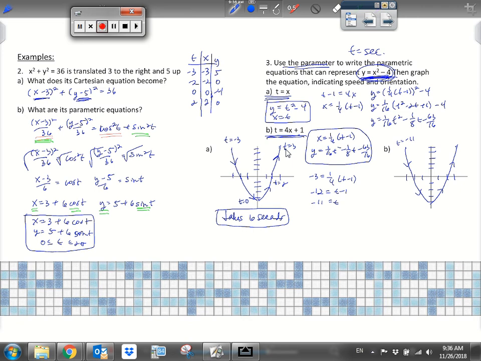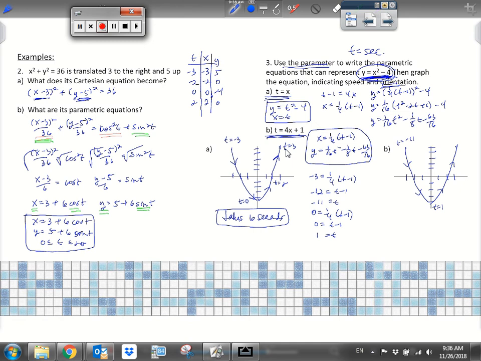We're looking at speed. Orientation, we have figured out, is just the direction it's going. So if I'm not sure, let's just say what if x were 0? 0 equals 1/4 (t minus 1). Multiply both sides by 4. 0 equals t minus 1. t is 1. So when x is 0, t is 1.